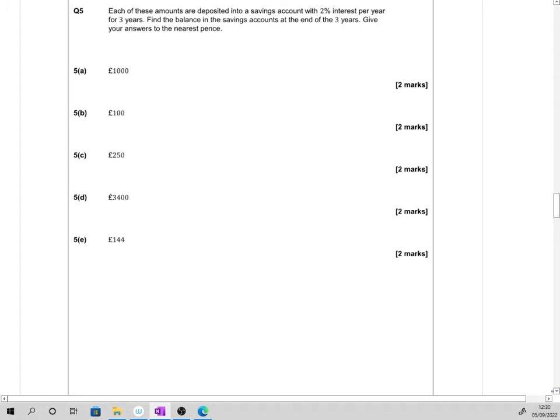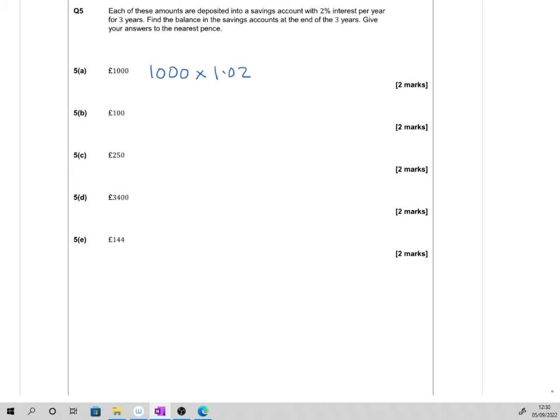Each of these amounts are deposited into a savings account with 2% interest per year for 3 years. Find the balance in the savings account at the end of the 3 years. Okay, let's do it this way. 1,000 times 1.02 for 3 years, cubed.